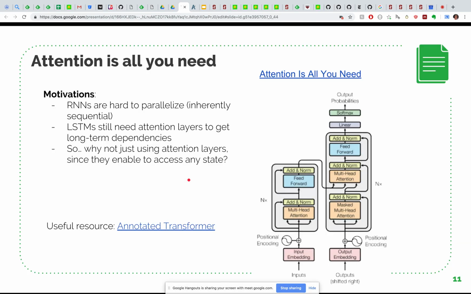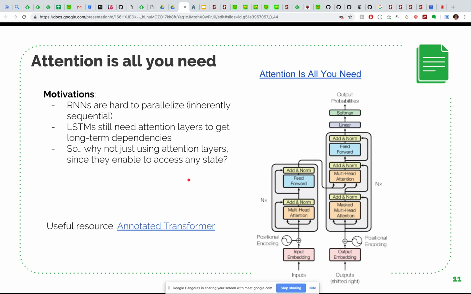In the last NLP Breakfast, we talked about transformers, so just a quick recap. The transformer was introduced by the paper Attention Is All You Need. The motivation behind it was that RNNs or LSTMs are fundamentally hard to parallelize because they are essentially sequential.